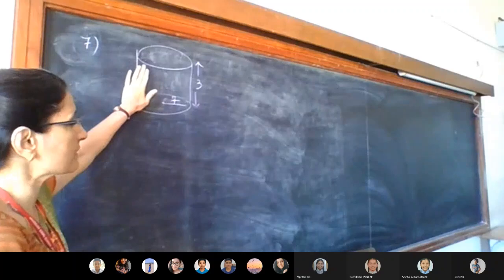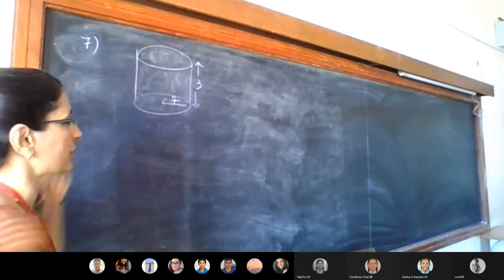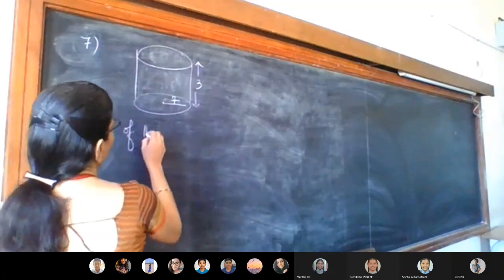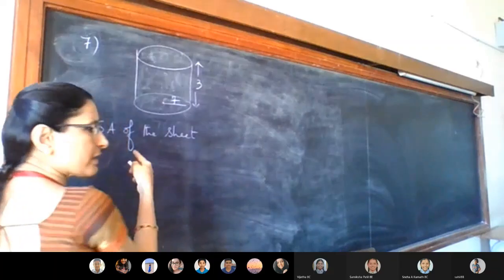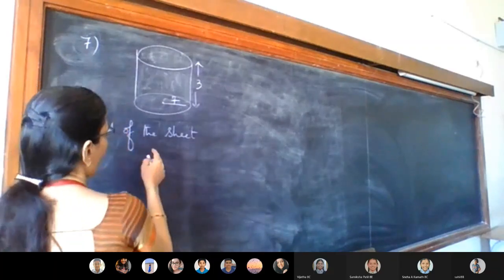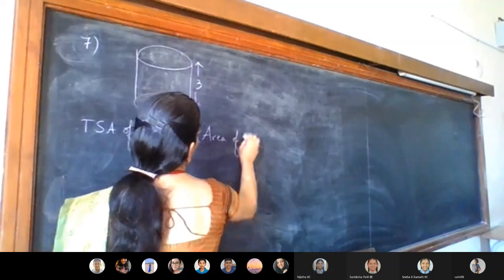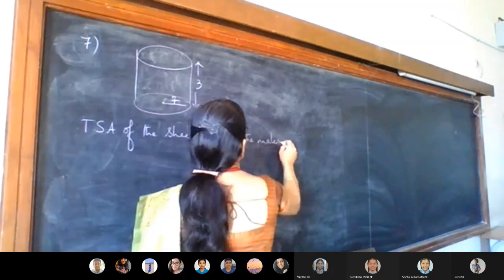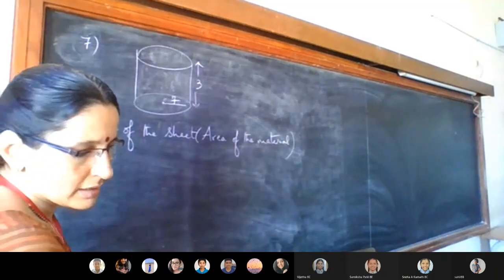So for this cylinder we are now calculating TSA because they said metal sheet. So the TSA of the metal sheet is actually the material needed, the area of the material needed. This is the area of the material.